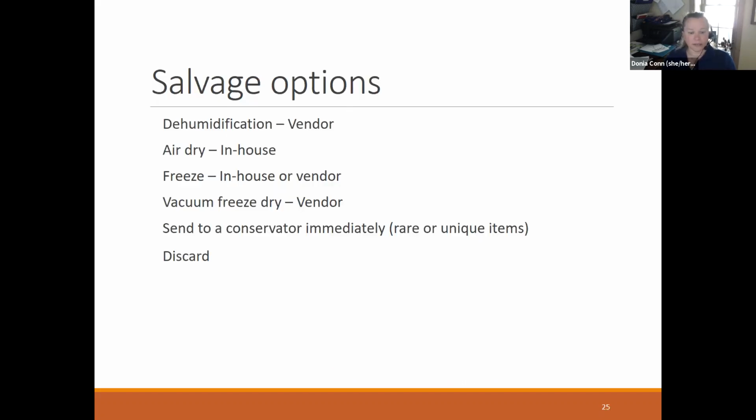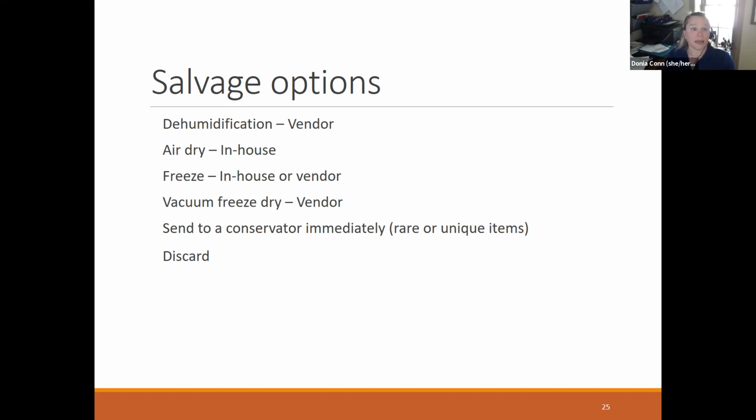So one of the things that you can be thinking about in your training is how you're going to go about doing some of the salvage operations that you might need to do. As you progress in your own in-house training, you can say, okay, we've had a pipe burst and the water didn't actually come into contact with our collections, but it soaked into the carpeting on the floor and increased the relative humidity in our building to extremely high levels.